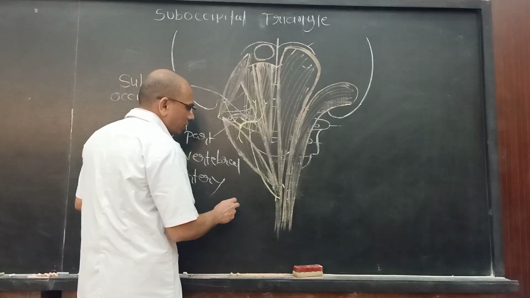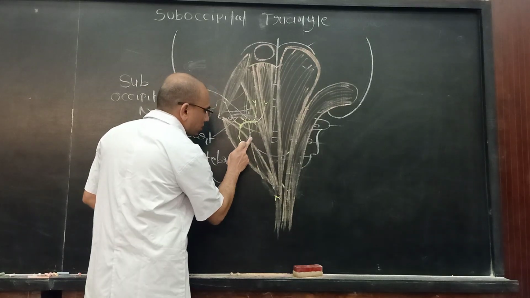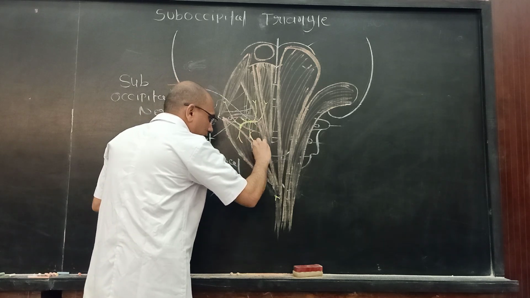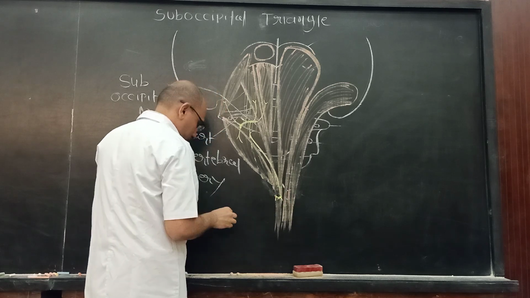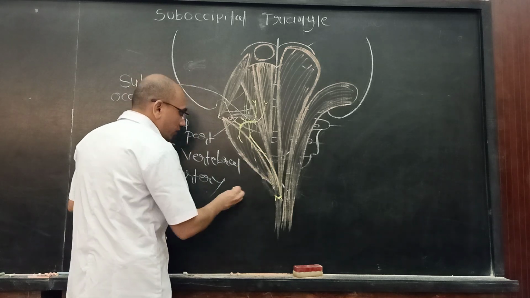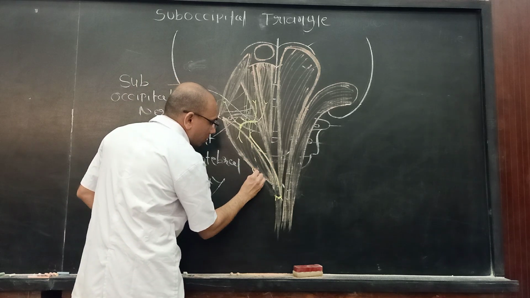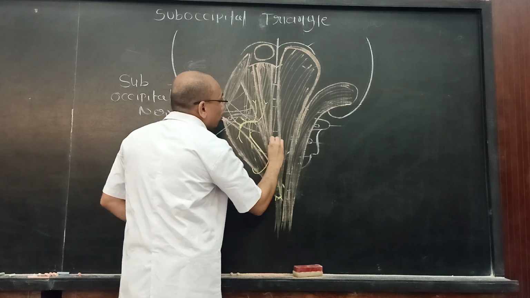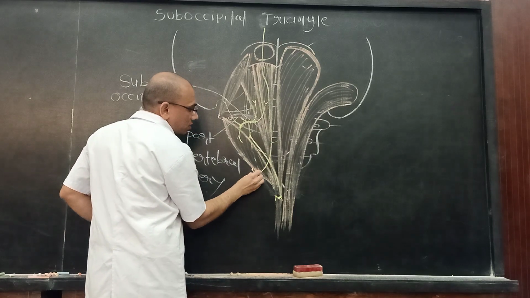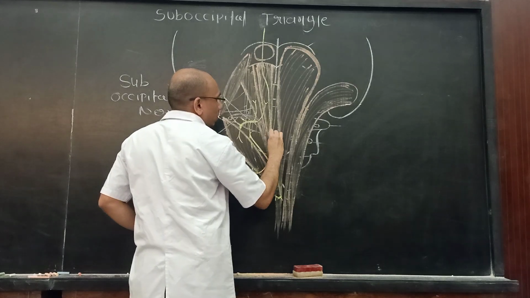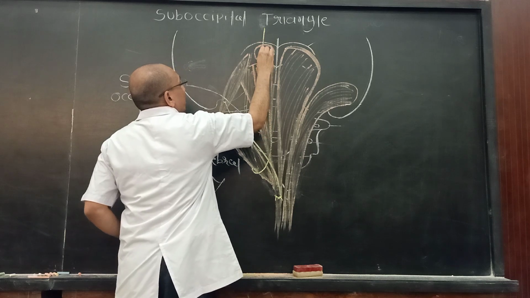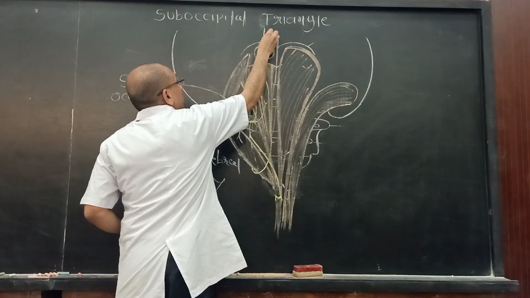Another nerve we can identify here in this diagram, which turns around the lower border of this inferior oblique muscle going upward, which pierces the semispinalis capitis, and here is the trapezius.